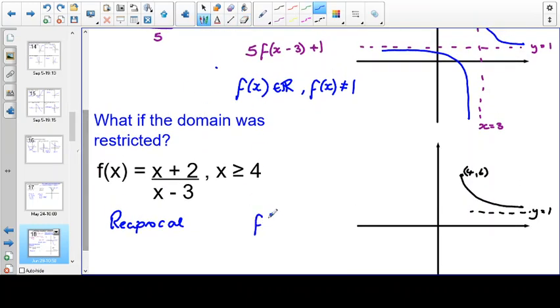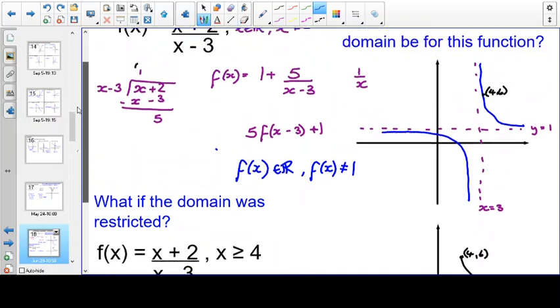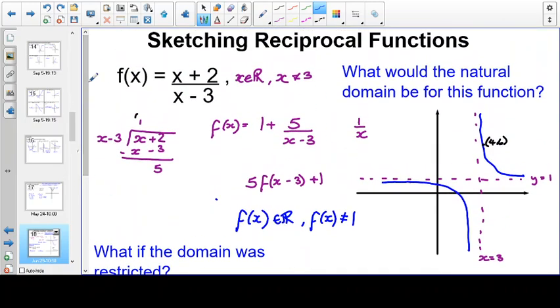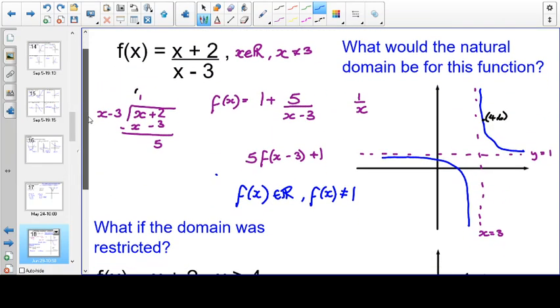So the range, well, y can't be 1 or less, so it's got to be bigger than 1, but then when x equals 4, y equals 6, so therefore it's got to be less than or equal to 6. So they're quite complicated, these questions, but like I say, they are quite popular at the moment in terms of testing.